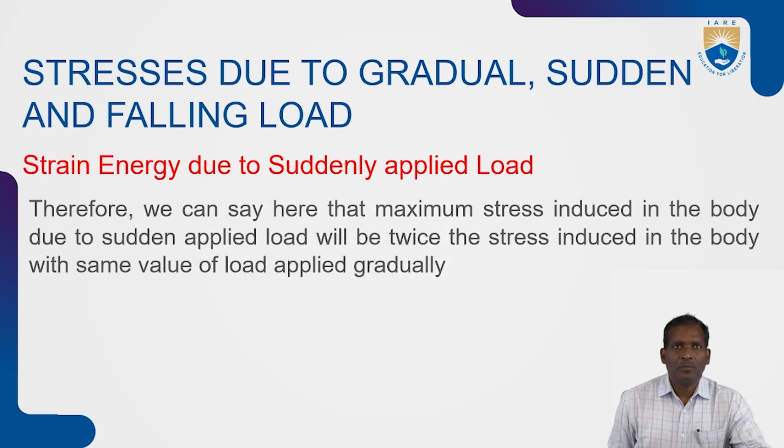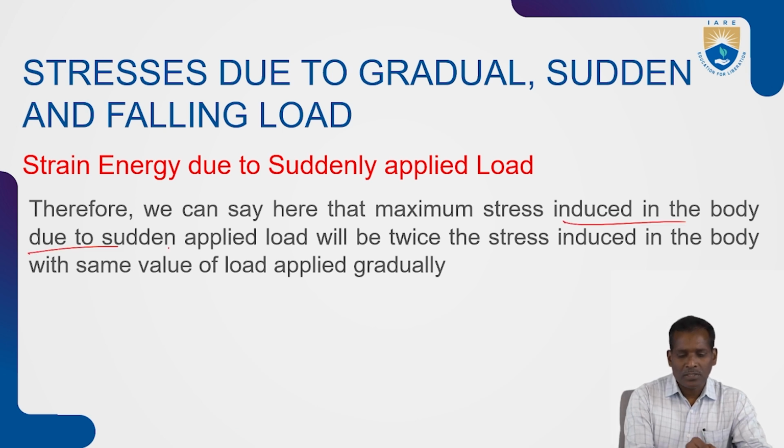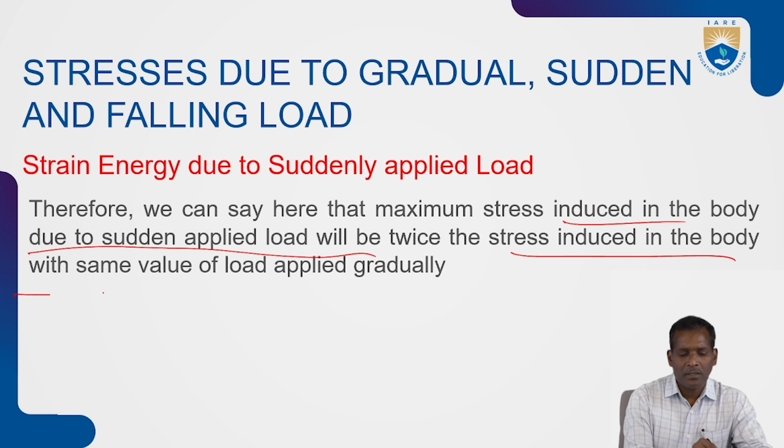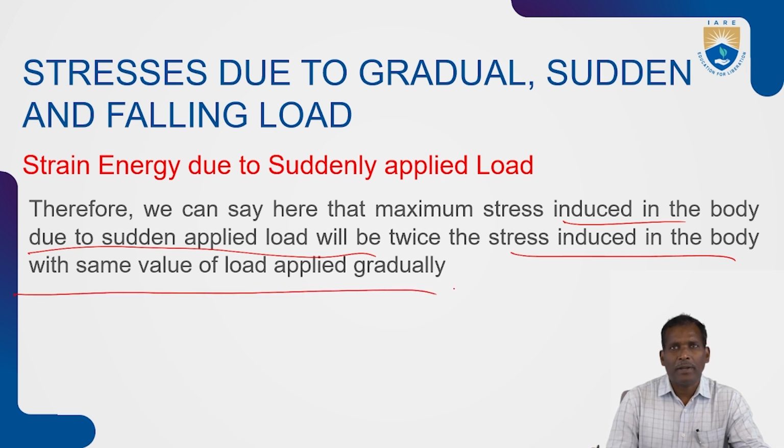Therefore, we can say that the maximum stress induced in the body due to the sudden applied load will be twice the stress induced in the body with the same value of load applied gradually.